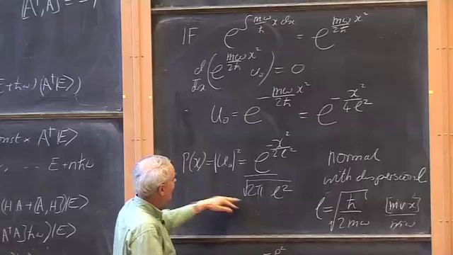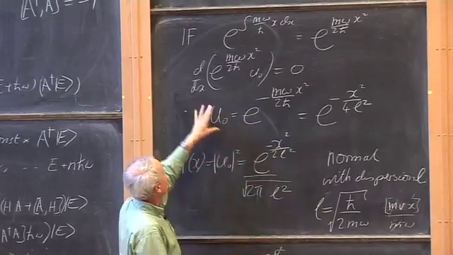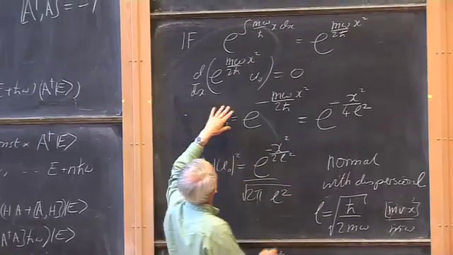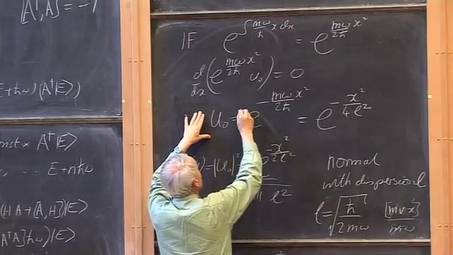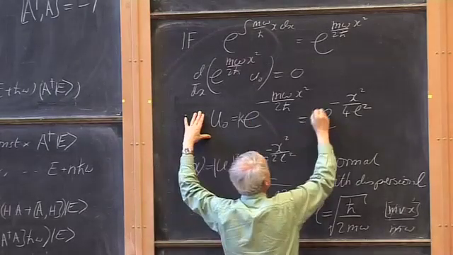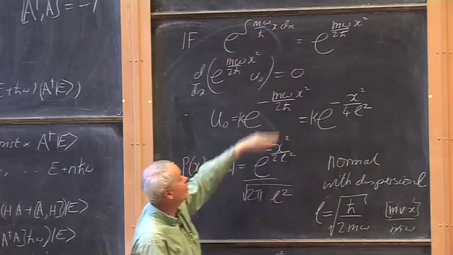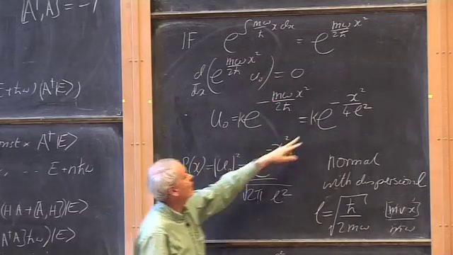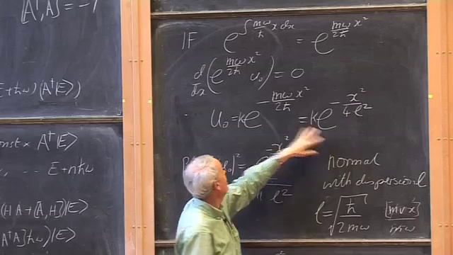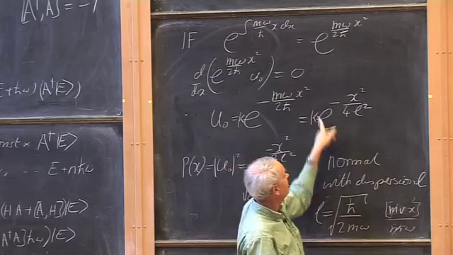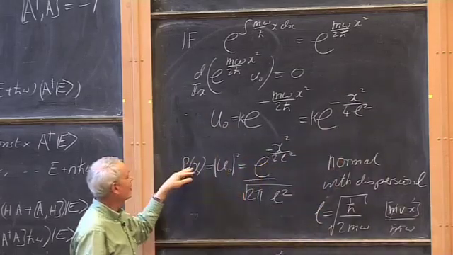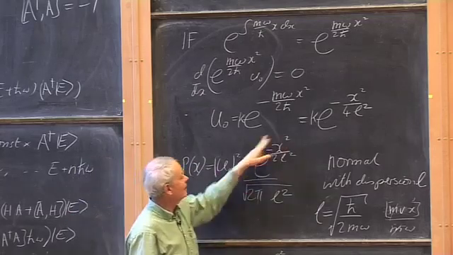I needed p of x to have this. So we obtained u as a constant k times this. There was an arbitrary constant of integration, which is in fact going to be the normalizing constant. So I know now that the wave function behaves like this, which gives me a probability that looks like this.